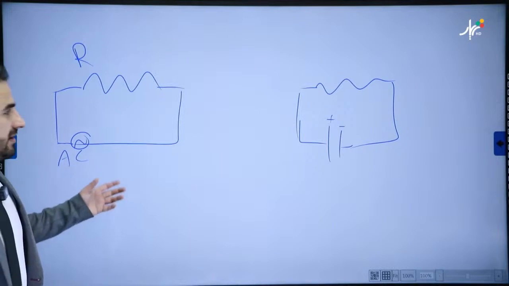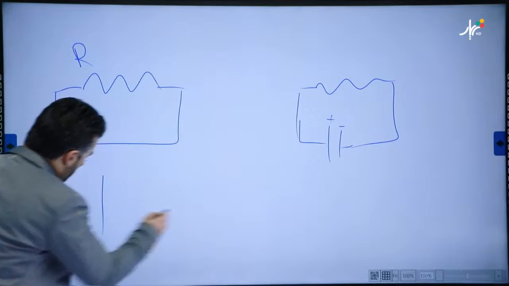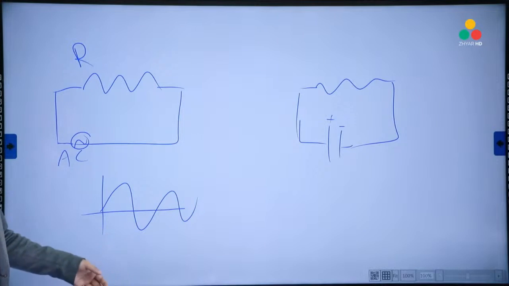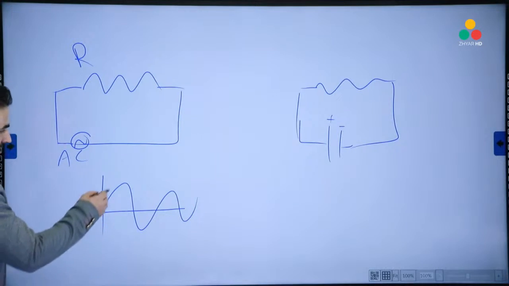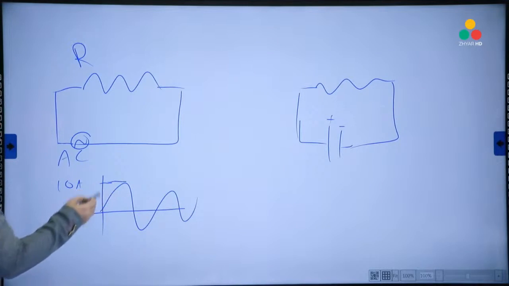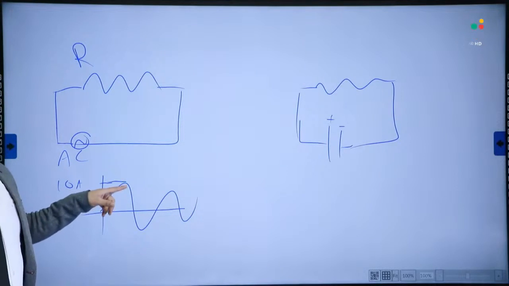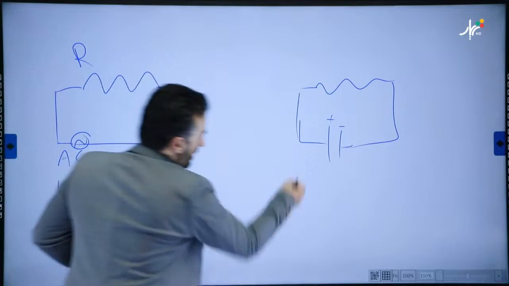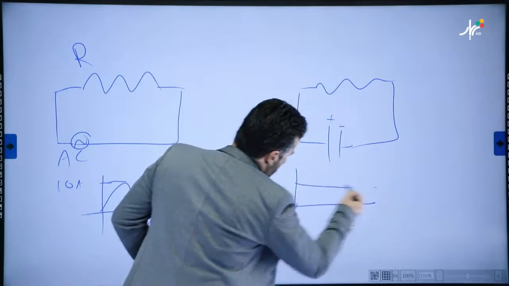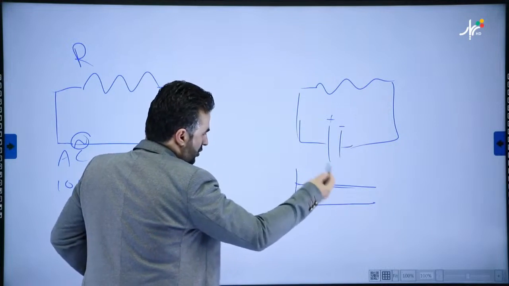So what does it exactly say? Because the value of the current here is constantly changing, from maximum to minimum to negative maximum and so on, if the maximum here is 10 amperes, it is only 10 amperes for a fraction of a second. But if this battery provides 10 amperes, it is going to be 10 amperes straight, or constant.